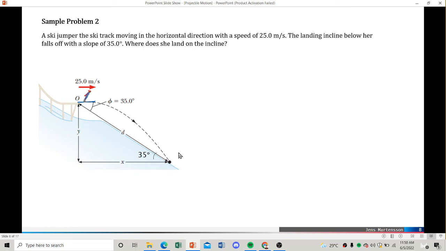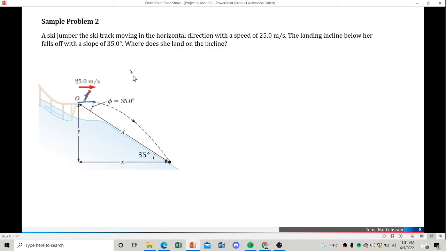How far is the measurement, once she lands on this slope, for example, this mountain slope or incline? What distance is it to this point?